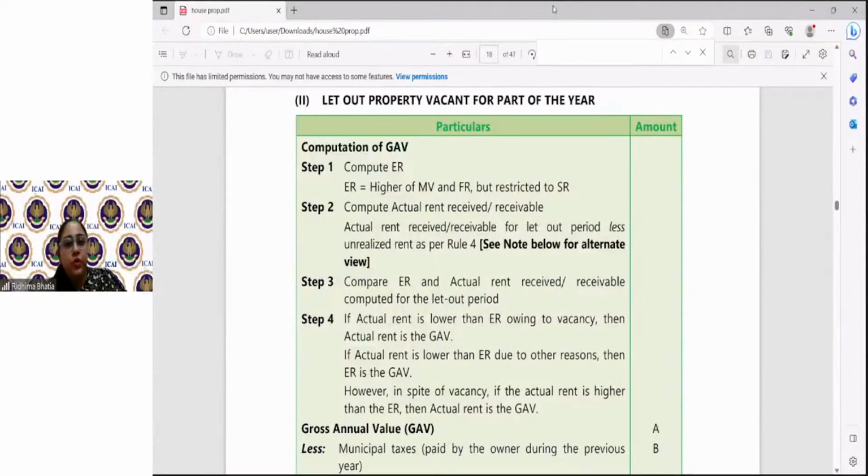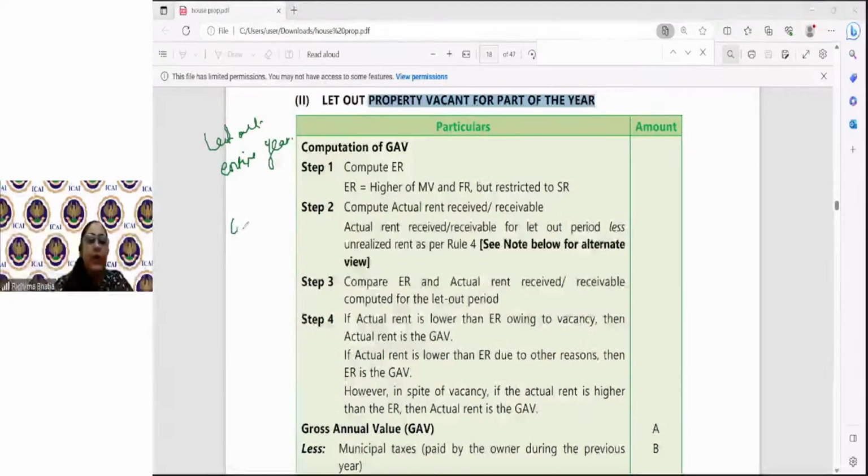So before going on break, I will repeat again. This is a typical scenario where let out property is vacant for the part of the year. मतलब it is let out and it is vacant for part of the year. Generally क्या होता है, if it is let out for entire period, what you do? Entire period मतलब for the entire year, what you do?